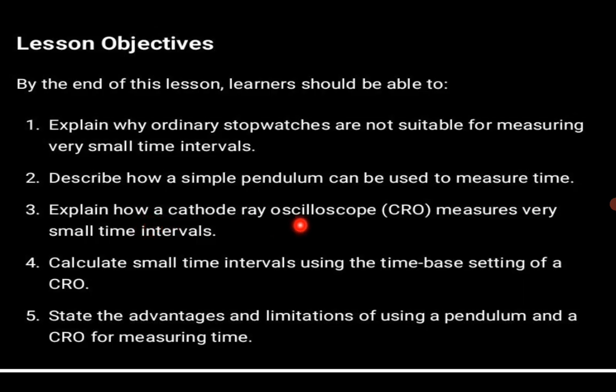Explain how a cathode ray oscilloscope measures very small time intervals. How to calculate small time intervals using the time-base setting of a cathode ray oscilloscope. Then state the advantages and limitations of using a pendulum and the cathode ray oscilloscope for measuring time. So these are the objectives that we intend to achieve at the end of this lesson.